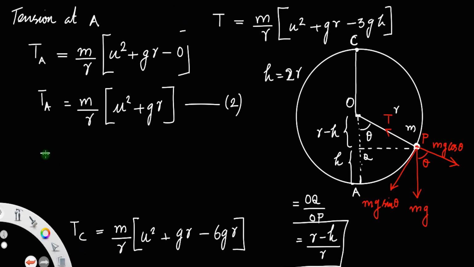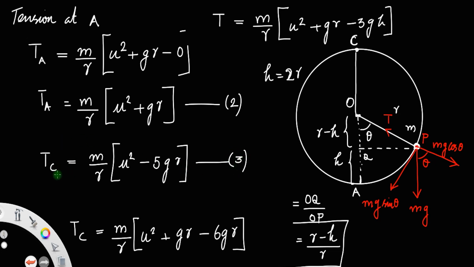Tension at C, Tc, is equal to m by r times u square minus 5gr, since gr minus 6gr is minus 5gr. Clear? Let's call that equation number 3. So the tension at the highest point Tc is equal to m by r times u square minus 5gr.